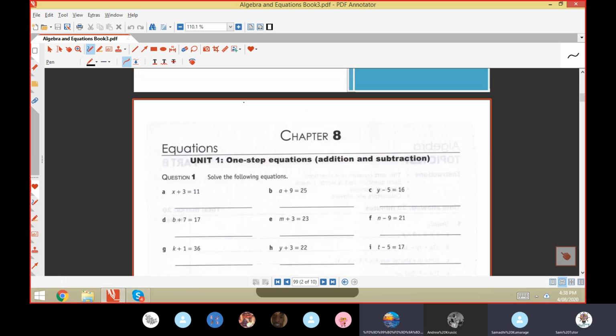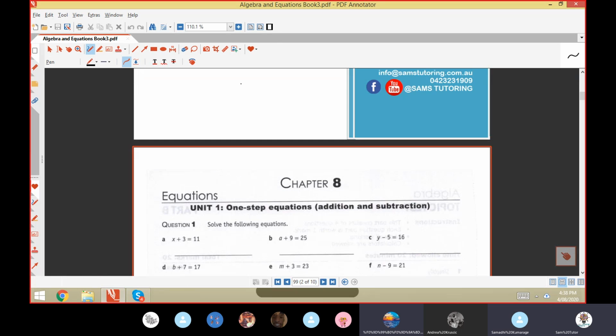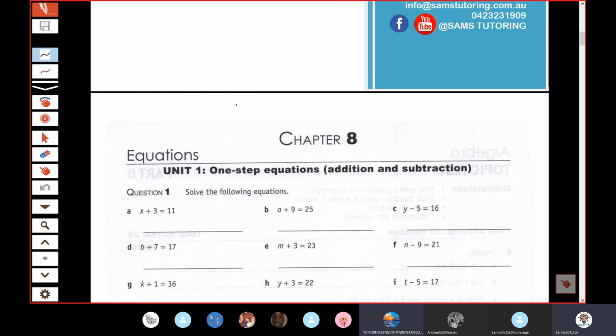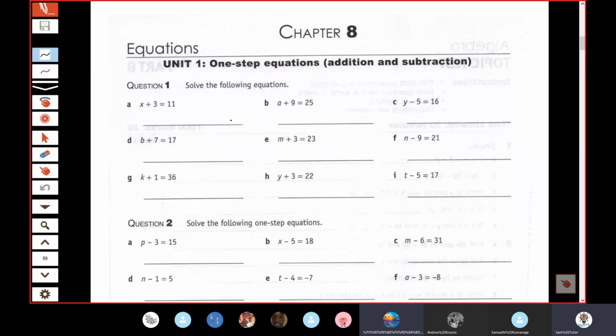You don't have book 3? I don't think so. Yeah, I don't think I have it either. No, I don't have it. Yeah, I don't either. All right, I'll definitely see why this wasn't printed for you. I'll check it out. I'll see what happened there.